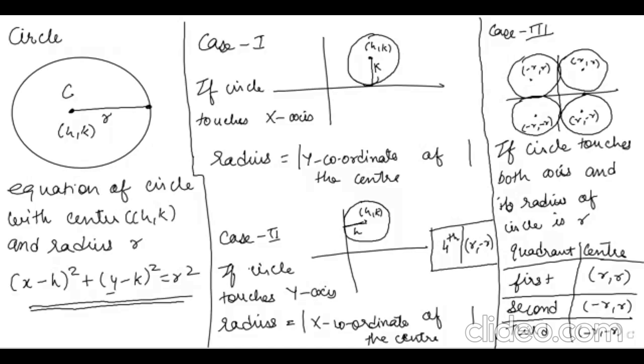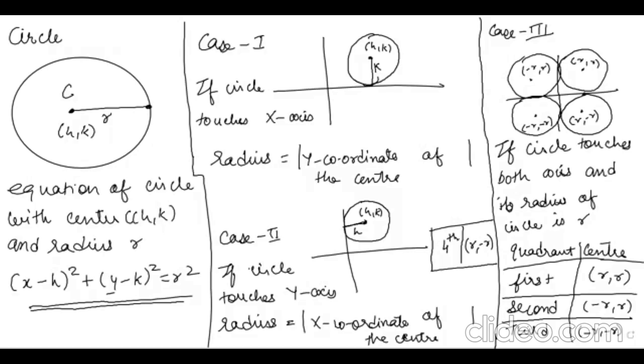In the same case, if it is touching the y-axis, then the radius will be the x coordinate of the center, that is, the modulus. You know that radius is a distance, and it never represents a negative value, and that's why we are taking the modulus.